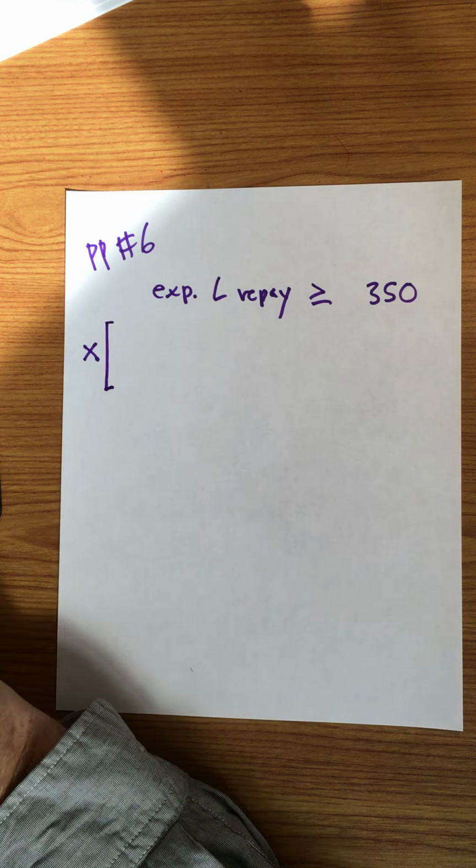The other possibility is that the loan is given to type B, which occurs with probability 1 minus X. Type B repays with probability 0.77, so times 1 plus I, 350. And then I keep that greater than or equal to 350, same as up here. All right, so that's my expected loan repayment.